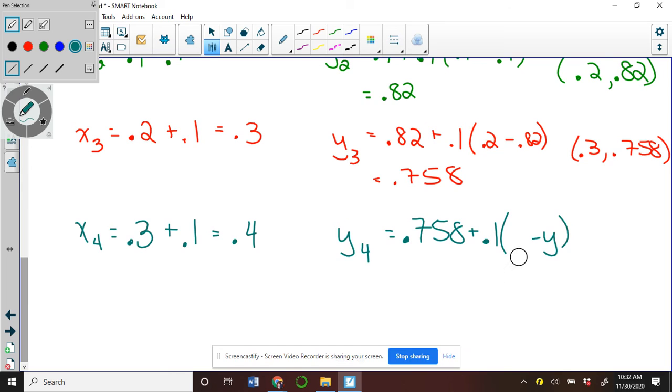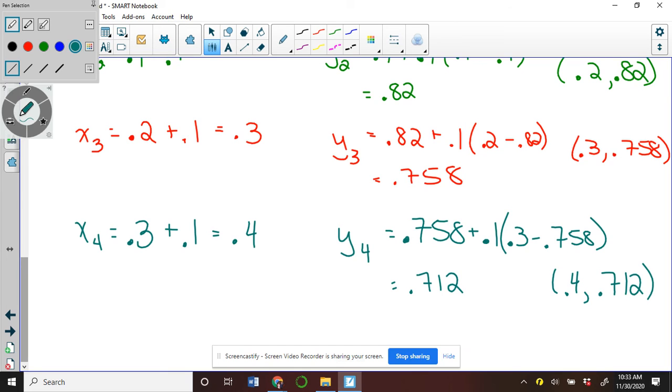And that comes again from the differential equation that we were initially given. So we're at 0.3, and I didn't leave myself enough room, 0.758. That gives us a fourth step of 0.712. So our fourth step coordinate pair is 0.4 and 0.712.